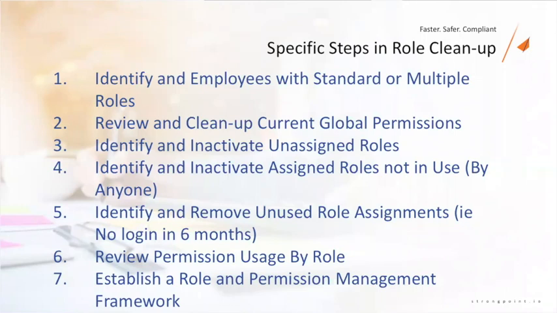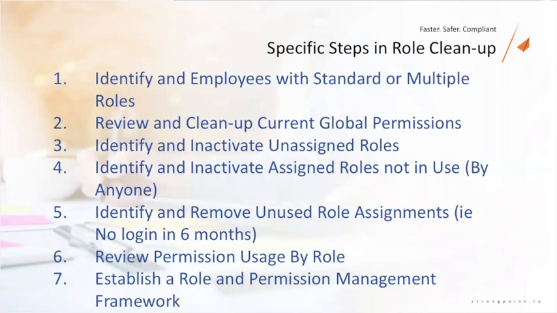Finally, we want to go through and look at individual employees and find any roles that nobody's used in 6 months, say, or 3 months, depending on what time period you want to look at. And the reason for that is that this is different from the previous case in that some people are using the role, some people may even be using the role actively, but this person isn't using the role.